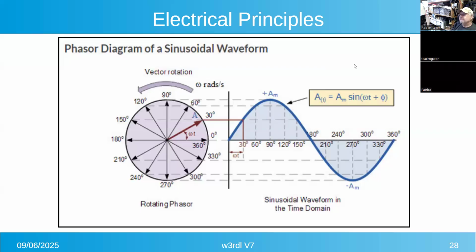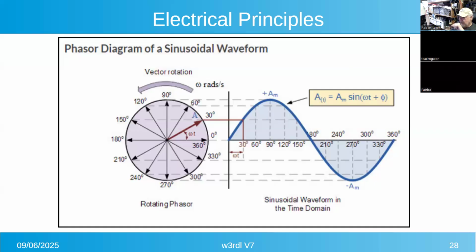This little chart will help later on. It shows how a sine wave, which we'll talk about a lot, is constructed from rotating a radian around the circle.